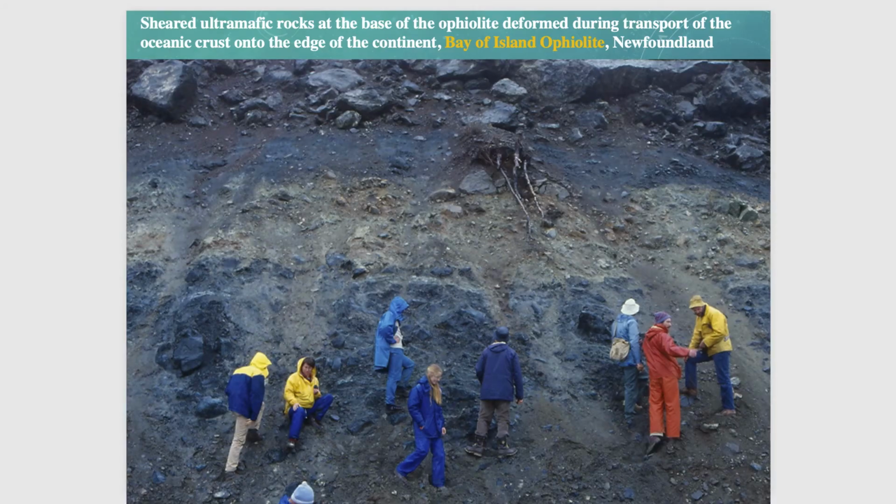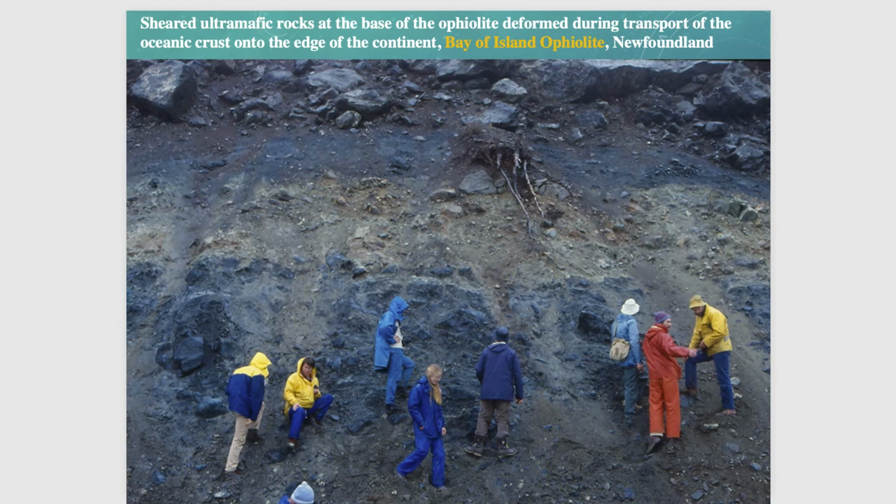In this other example you have a contact, a sheared set of ultramafic rocks at the base of the ophiolites that were deformed during transport of the oceanic crust onto the edge of the continent.